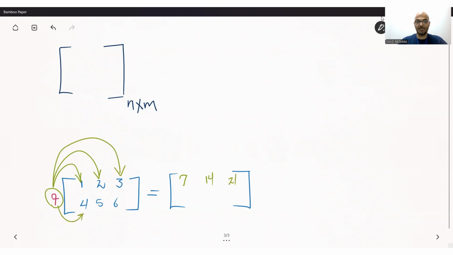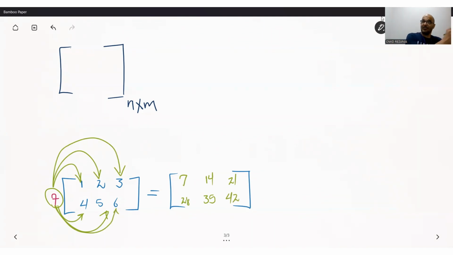The second row, you multiply that to this, becomes 28. 7 times 5, 35. 7 times 6, 42. This is a main rule: if you have a matrix multiplied by a scalar, you can simply multiply that into every element of the matrix.